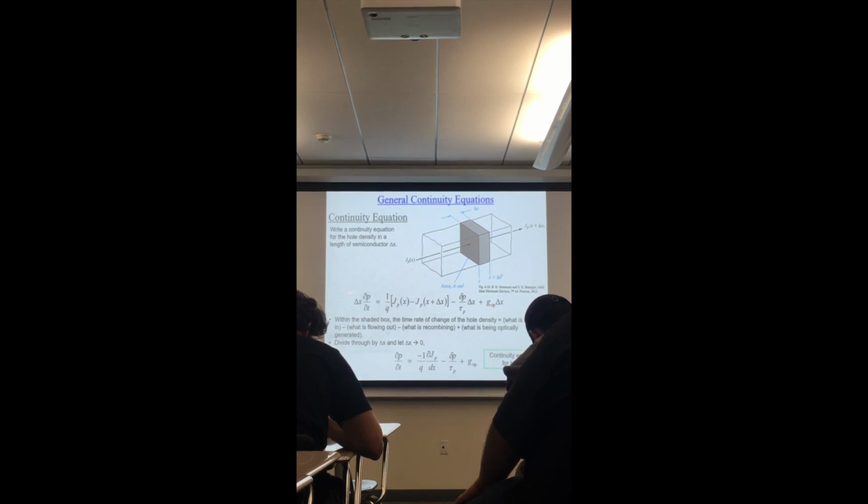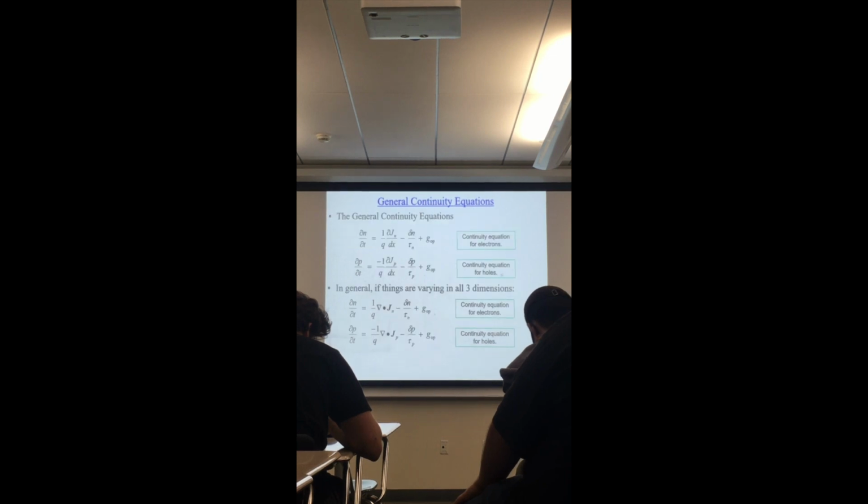And based on this equation, we can divide by delta x on both sides, and we can get this continuity equation for holes. Okay? And we can do the same thing for electrons, right? So the only difference is we have a minus sign for holes, but for electrons, there's no minus sign here. Okay?